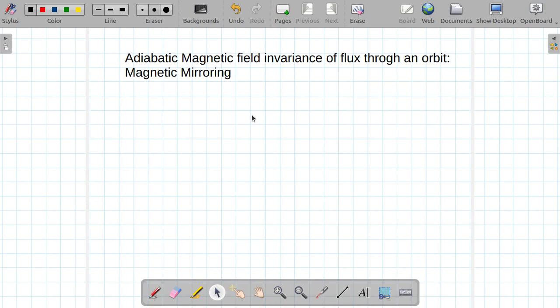So first of all, if a charged particle is moving under the influence of electric field, then the equation of motion can be written as this.